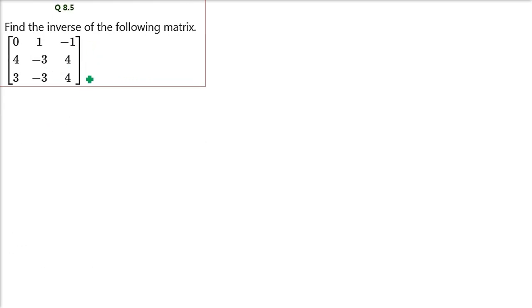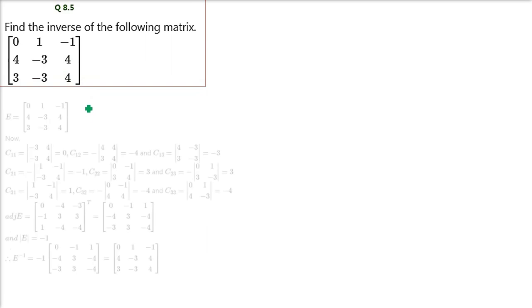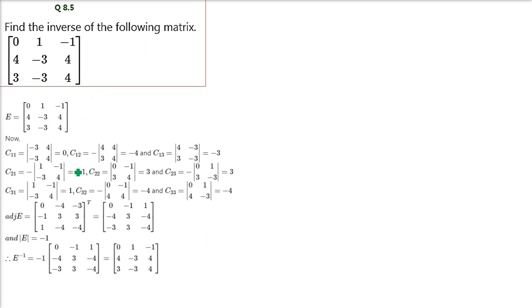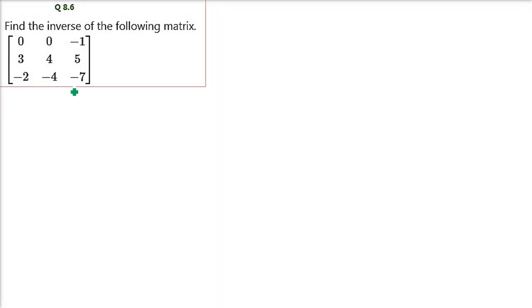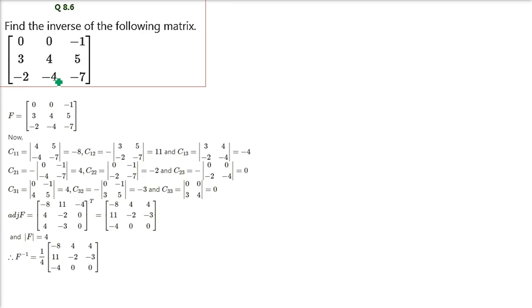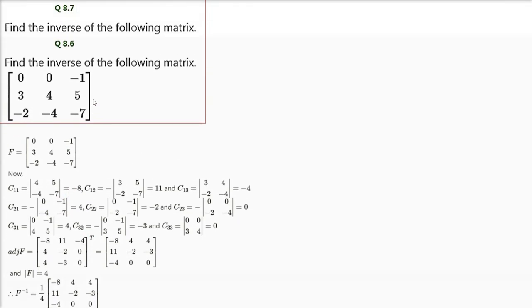All these questions are the same. I'm just pushing forward, because the logic and the way it should be done is the same. Here also, find the inverse of the following matrix. Take the determinant, take the adjoint, divide both, and then you get the inverse.